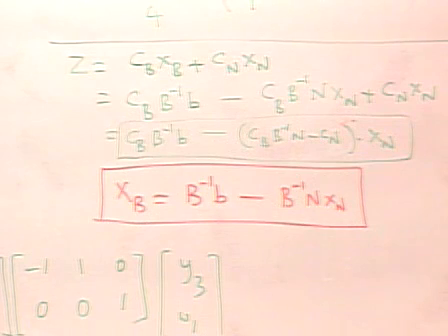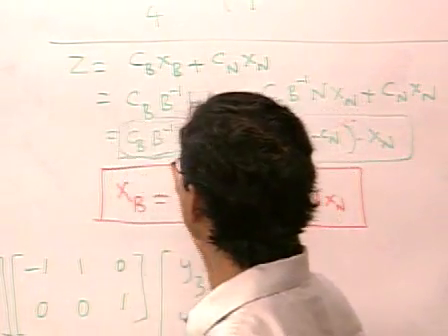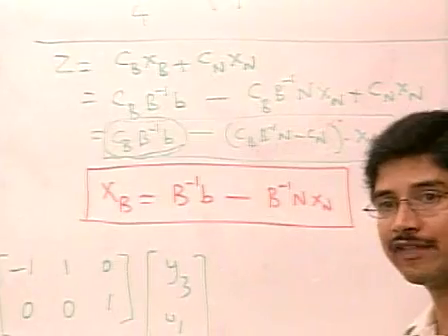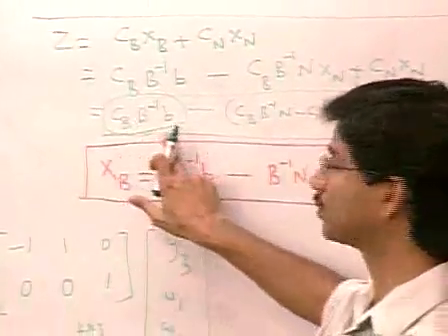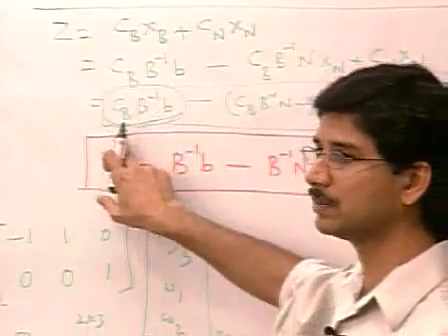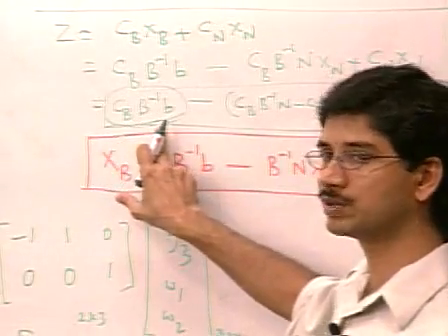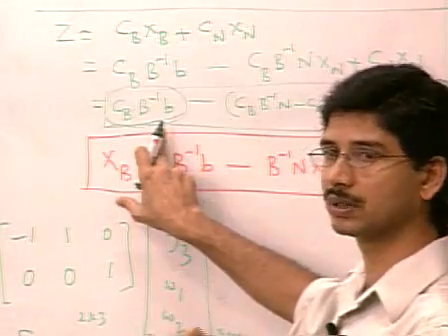Now the interesting thing in all of this is the following. So suppose B is an optimal basis. Okay, so suppose I give you the optimal set of basic variables. Then this is going to be the objective value. It's going to be CB B inverse B. Okay? This is the objective value associated with the current solution.